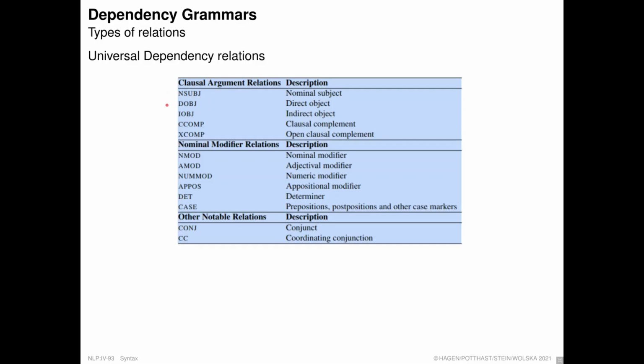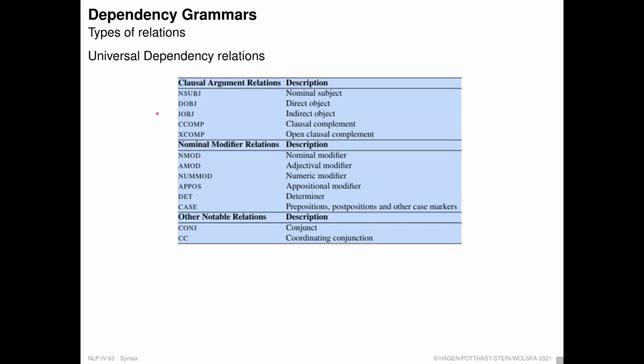With d-obj, we will label direct object. So an object between which nothing intervenes between this object and the verb. So the object directly follows the verb. I-obj would be an indirect object. So this would be an object which is separated from the verb with another object, for instance.